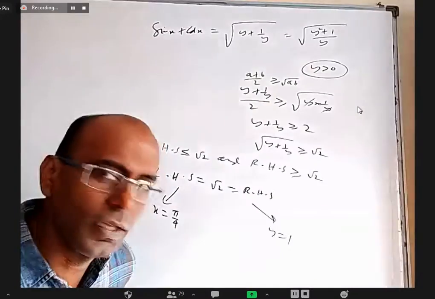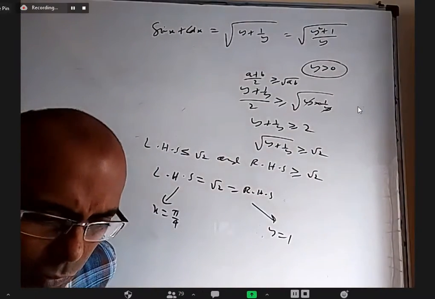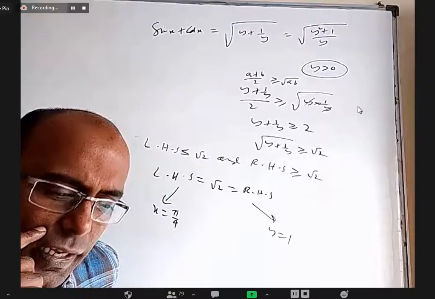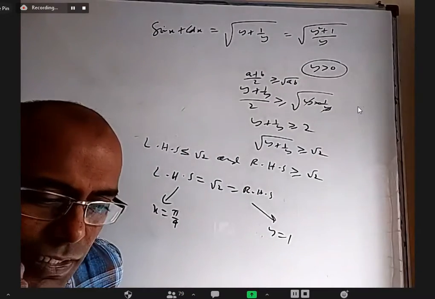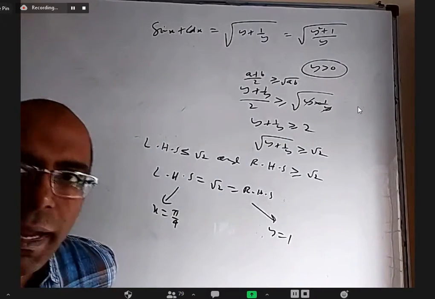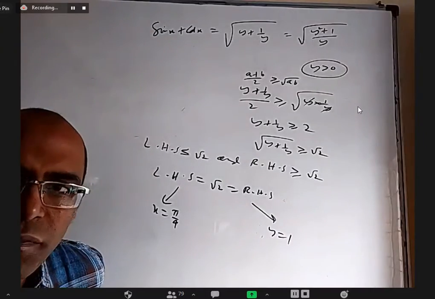If you apply the AM-GM inequality, tan and cot will cancel in the geometric mean. The 2 from the arithmetic mean will go to the other side. You will get greater than or equal to 2. LHS, what is the maximum value? If you make a perfect square, you can know that.